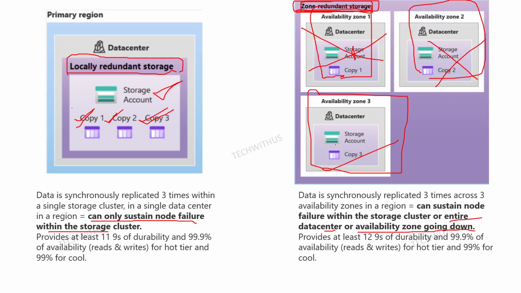See, in LRS it is creating three copies, and in ZRS also it is creating three copies. The difference is where it is creating. In LRS it is in the same data center, whereas in ZRS each copy is in a separate availability zone. Okay, good, thanks.